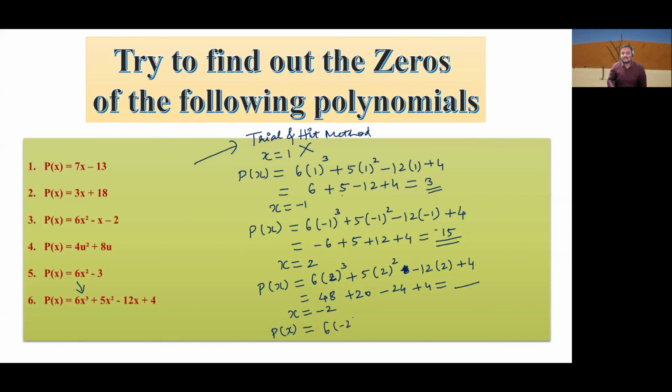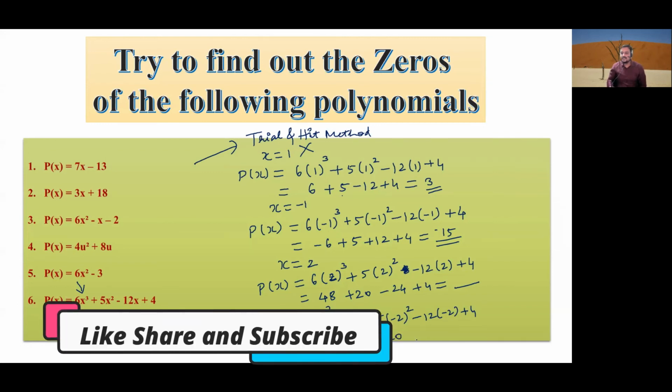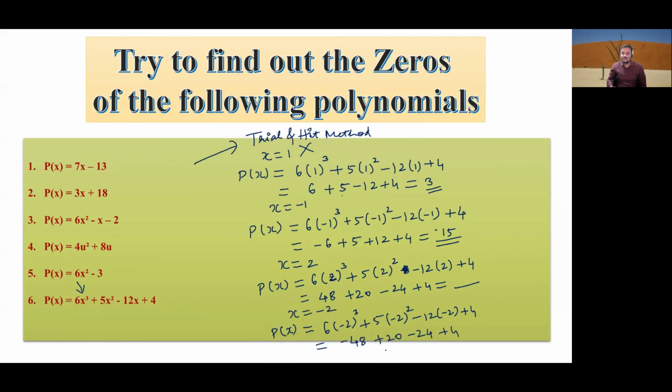6 in bracket minus 2 cube plus 5 in bracket minus 2 square minus 12 in bracket minus 2 plus 4. So what we are getting here, so minus 48 it will come. This will be plus 20. This will be minus 24 and this is plus 4. So now check whether it is coming 0 here for this value.